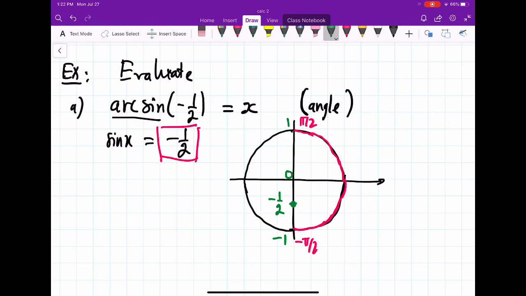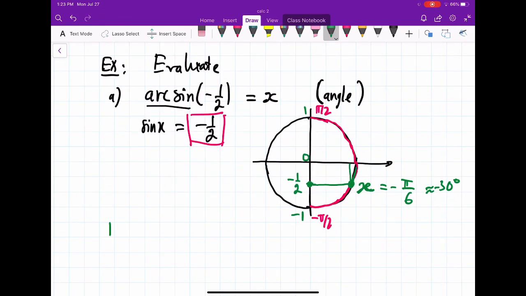In order to find the x, meaning arcsine of -1 over 2, I just need to draw a horizontal line that will intersect with the circle, and that is the x you want to find. Does that make sense? So, right now, you might think, yeah, this is what? This is -pi over 6, meaning -30 degrees.